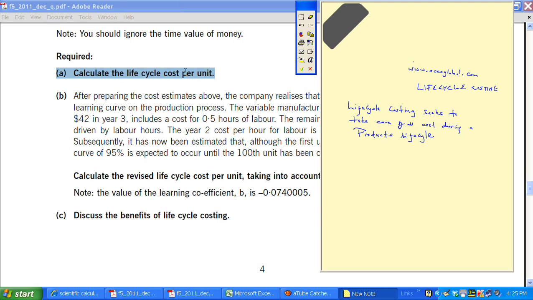So what are the stages of a typical product?